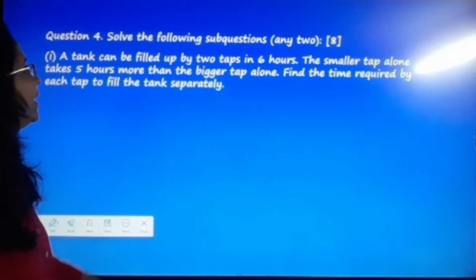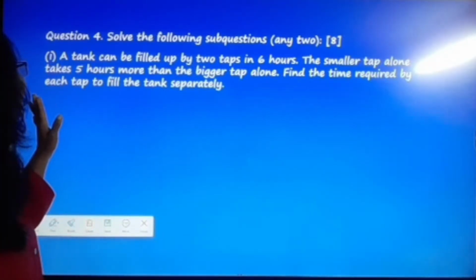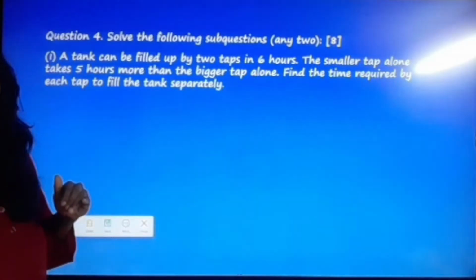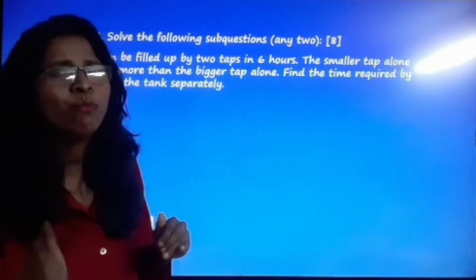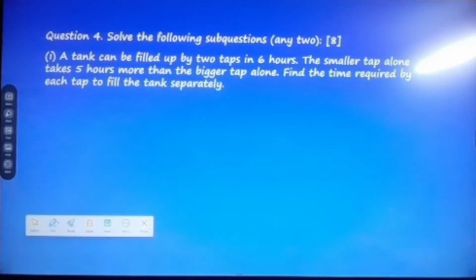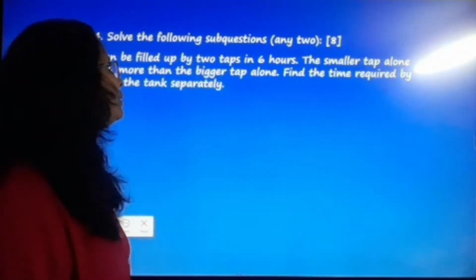Then here, the smaller tap alone takes 5 hours more than the bigger tap alone. So here, students, we have to consider the bigger tap.